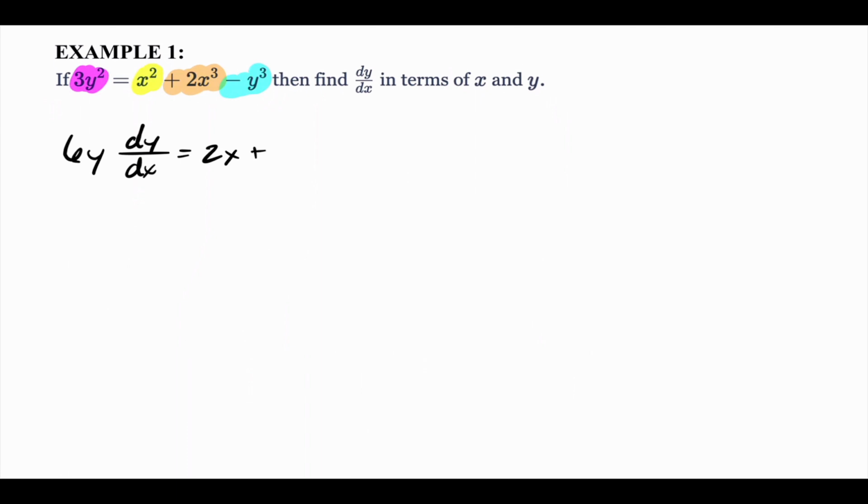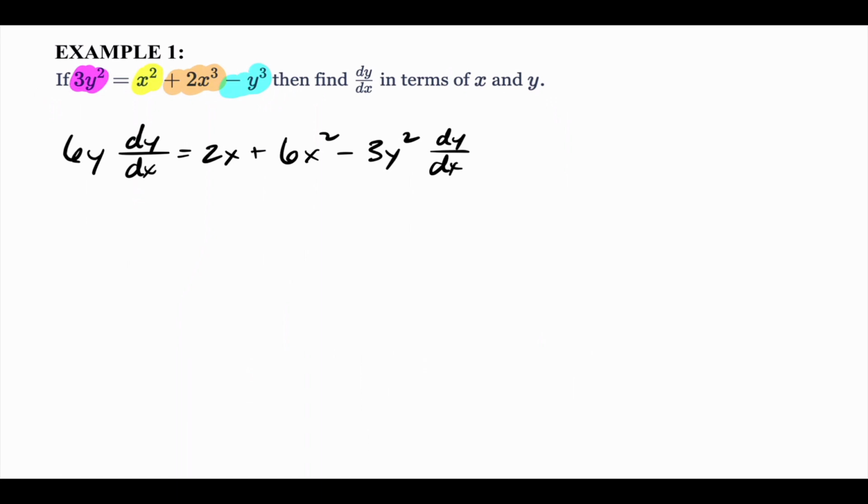Positive 6x squared. Last thing is the blue. Negative 3y squared, but it's a y, so I have to give it a tag, dy over dx. That's the first step. Step 1 is done.